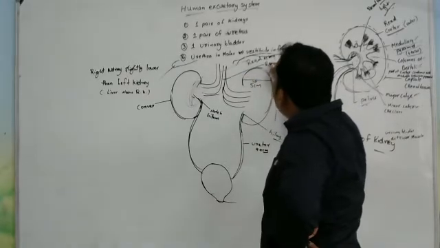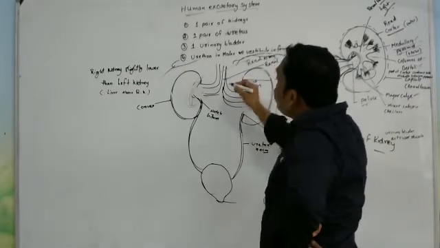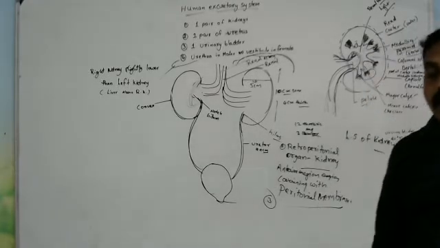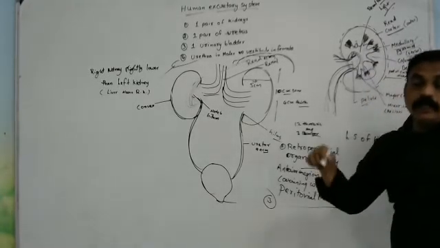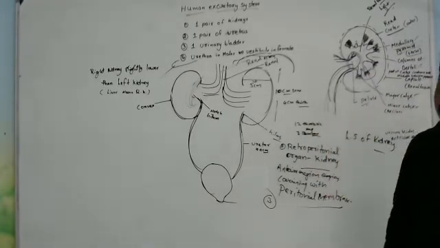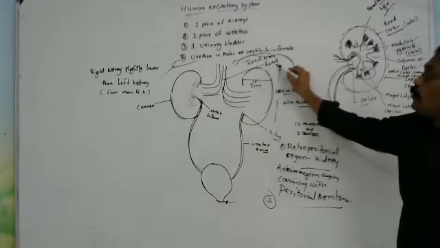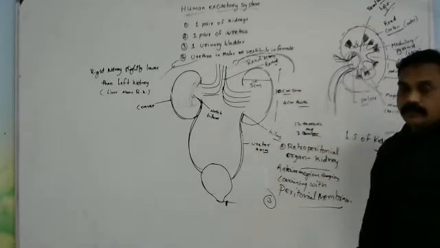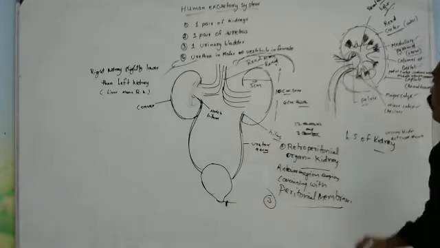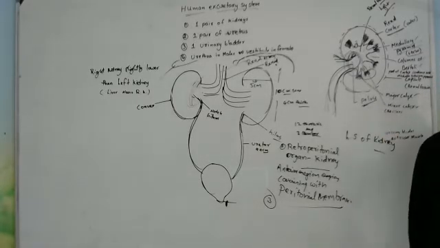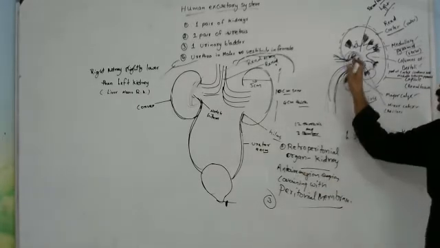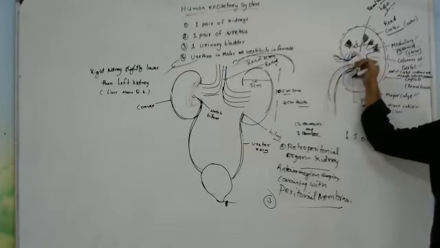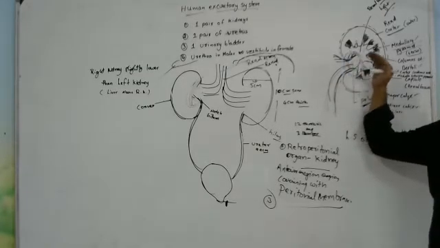What are these? Blood enters the kidney with the renal artery, and the purified blood re-enters the body with the renal vein. So the renal vein and renal artery enter in the region of the renal pelvis or hilum. This is the notch region, the pelvis or hilum.